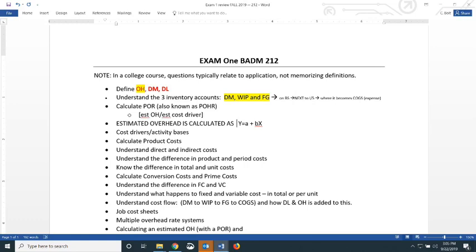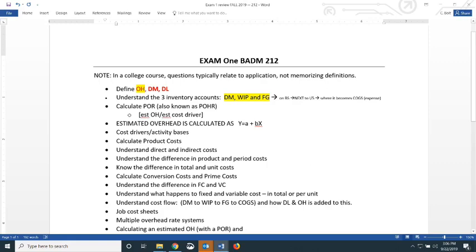Where y is equal to estimated overhead, and it is a component of fixed costs here and variable costs here. And x is considered the activity driver that we have estimated.